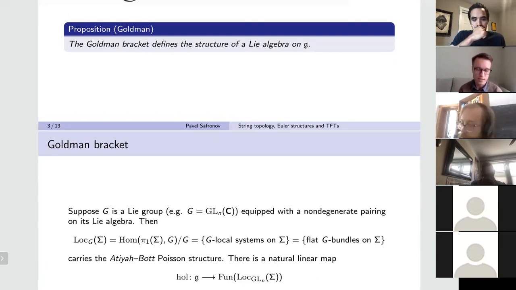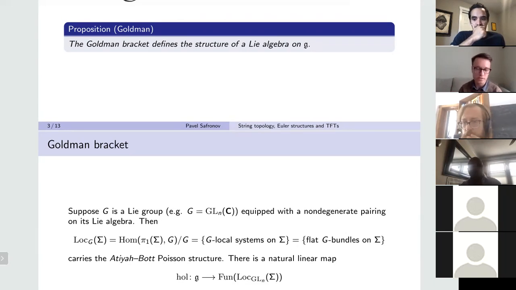And the function is obtained in the following way. If you have a loop, and you think about a flat G-bundle, you can consider the monodromy around this loop. This is going to give you an element of G, and then you apply the trace. Or if you think about this presentation as just homomorphisms from π1, if you have a loop, you get an element of G, and then just take its trace.